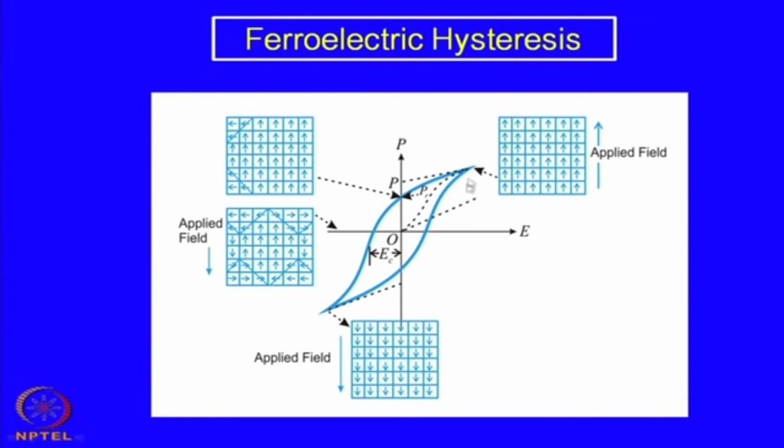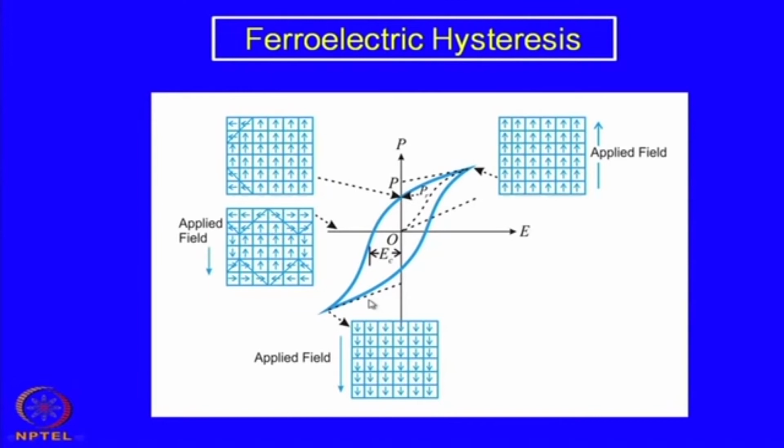By increasing the applied field, it follows one particular curve, whereas by decreasing it follows another. So, if you cycle it, it follows like that. Initially it started with this, and once it reaches saturation it continues in this pattern. This is what we call the hysteresis loop, sometimes called the hysteresis diagram.